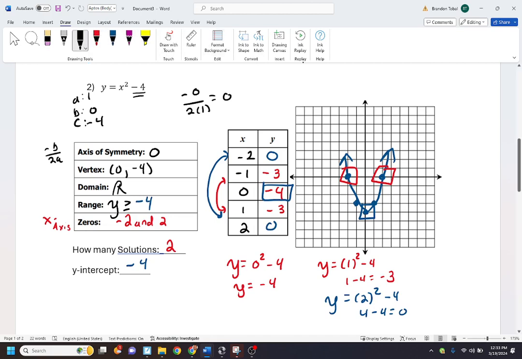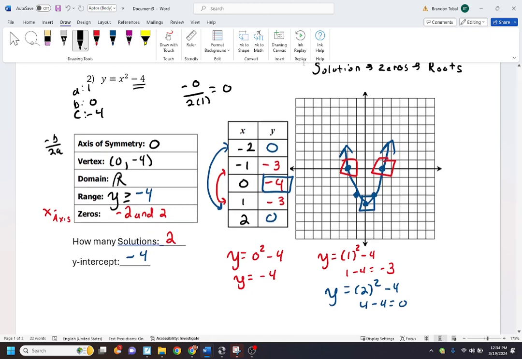I want you to know that they're interchangeable. So if you want to put a note, solution is interchangeable to zeros, which is interchangeable to roots. Those are things that hit the x-axis. They're all different names, and especially when you do the SAT eventually, that's where it matters.